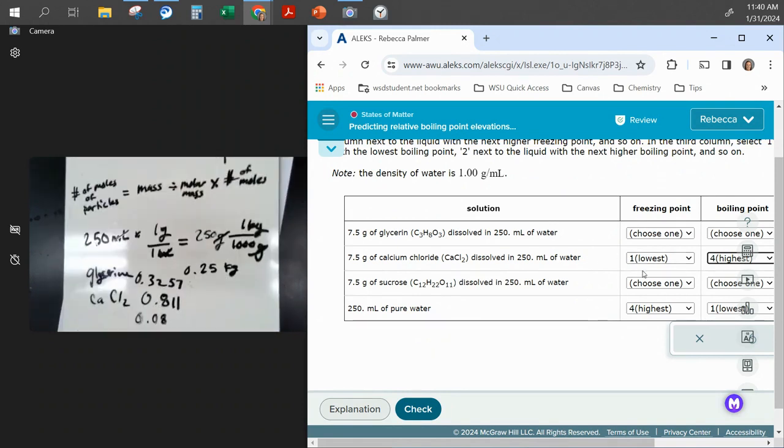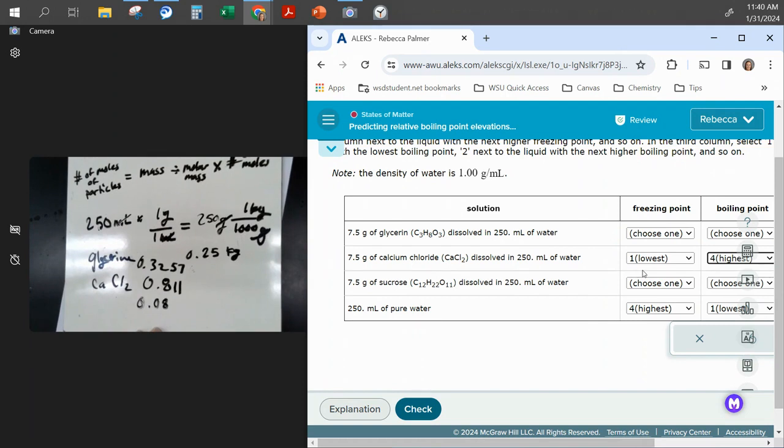Okay, the next number on my list is glycerin. Glycerin is going to have the next lowest freezing point and the next highest boiling point. And then the last one is sucrose. It's just going to have a little bit of difference from water. Hopefully I have those right.